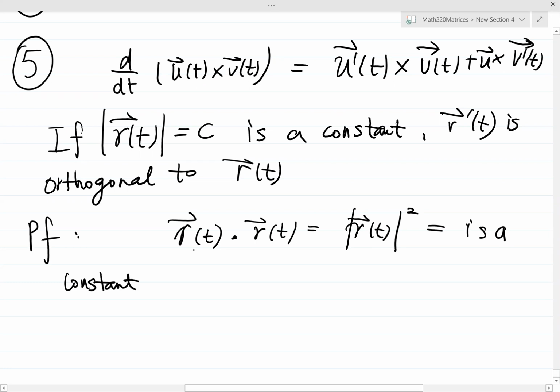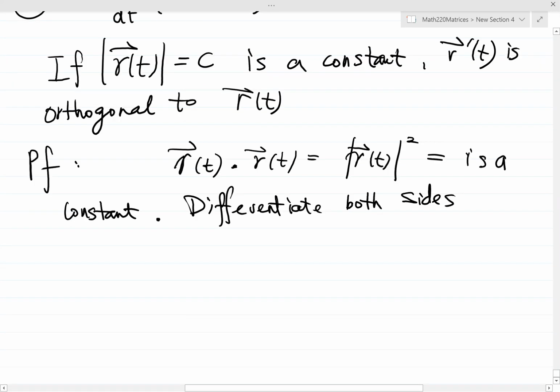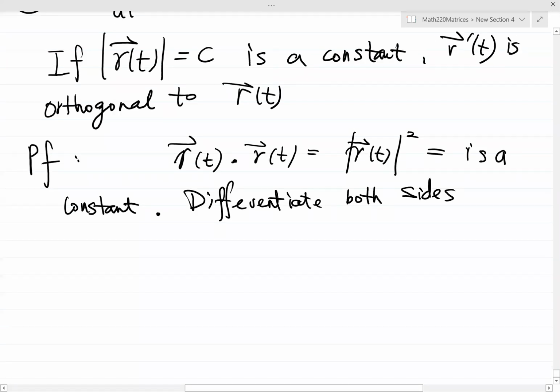Now differentiate both sides. On the right side, the derivative of a constant gives us 0. For the derivative of the left side, we use the product rule, and it's symmetric, so we get 2 copies of r derivative dot r.